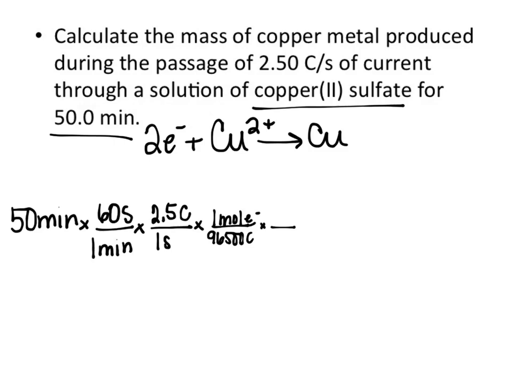We need to get moles of electrons to moles of copper. So for every 2 moles of electrons, it was 1 mole of copper. And we need to convert copper to grams.